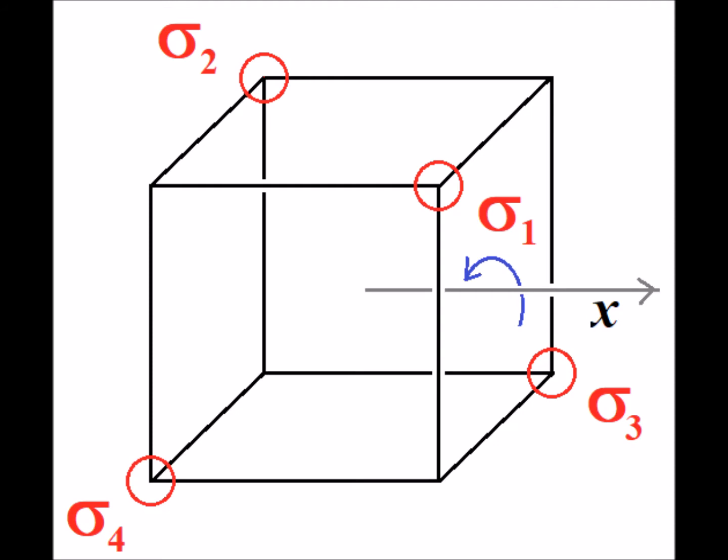There are three C2 operations. C2 involves a 180-degree rotation around an axis. Here is shown the C2 about the x-axis.